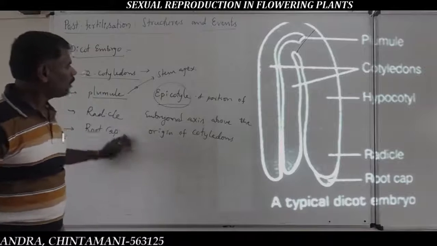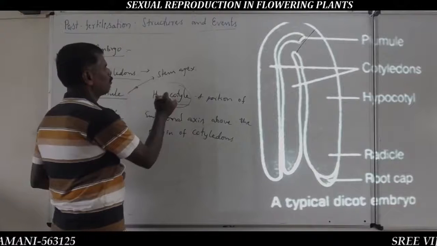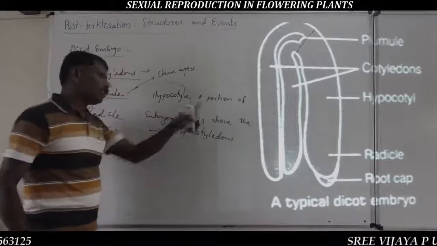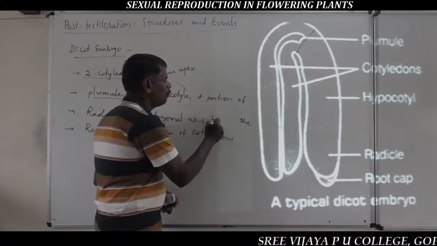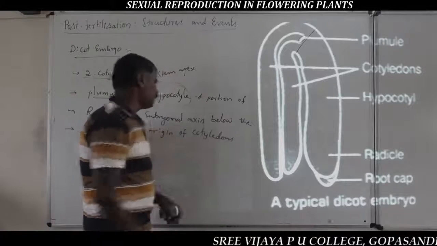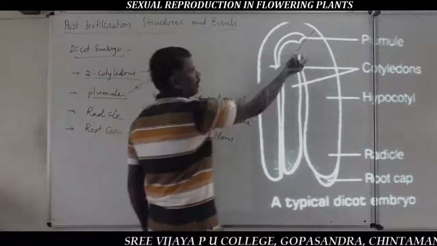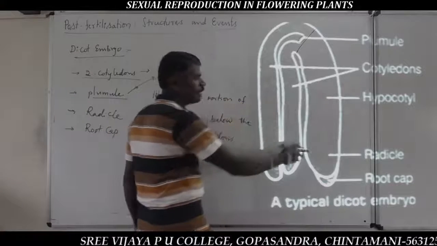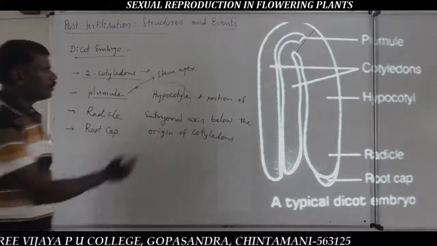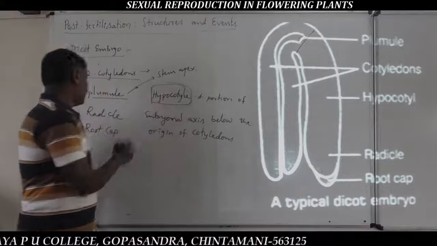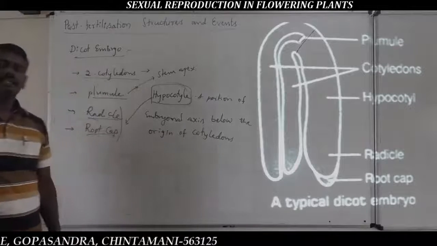So hypocotyl is nothing but a portion of the embryonal axis below the origin of the cotyledons. The hypocotyl consists of the radicle part and a root cap.